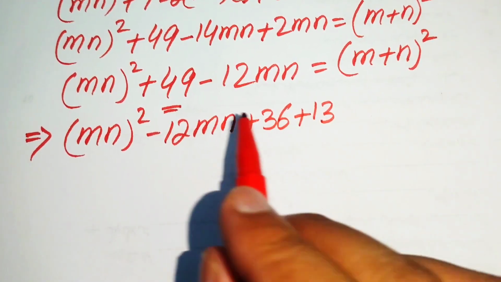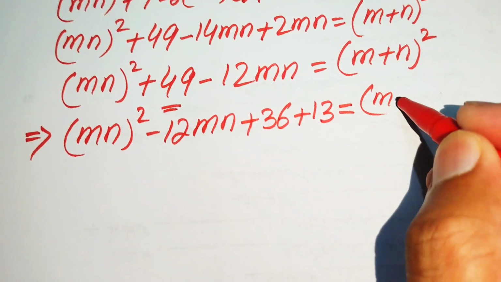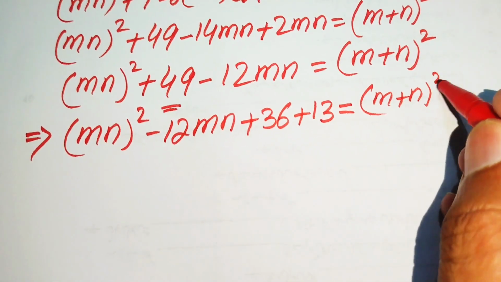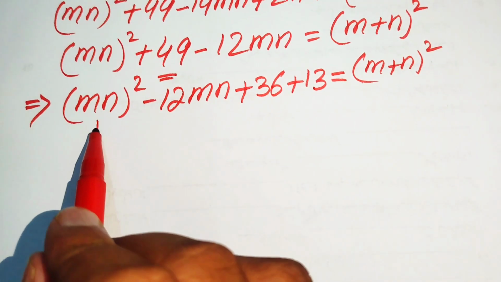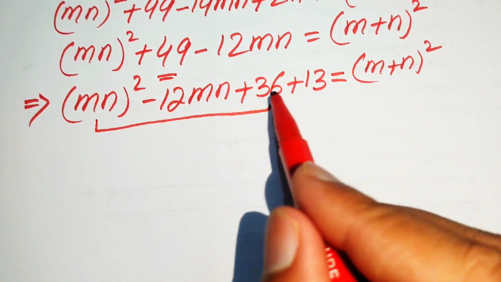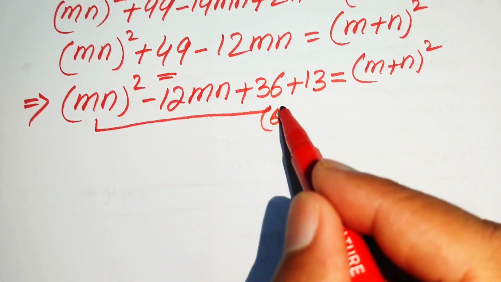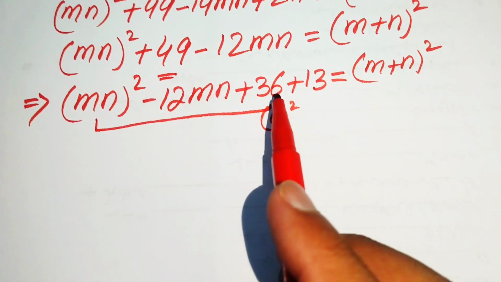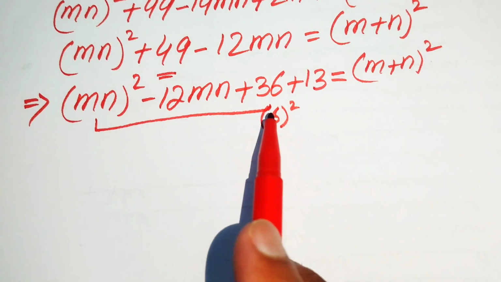We know that 36 plus 13 equals to 49, and this is equals to (m plus n) whole square. So now in the next step you focus on these terms, because here you have 36 and we write this 36 as 6 square.